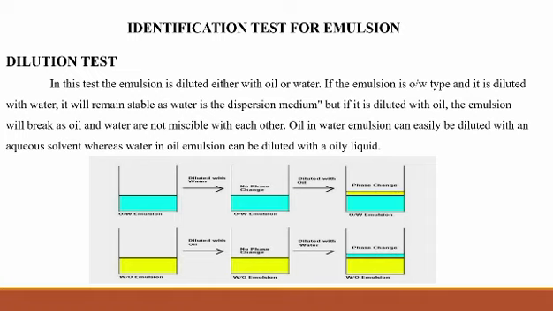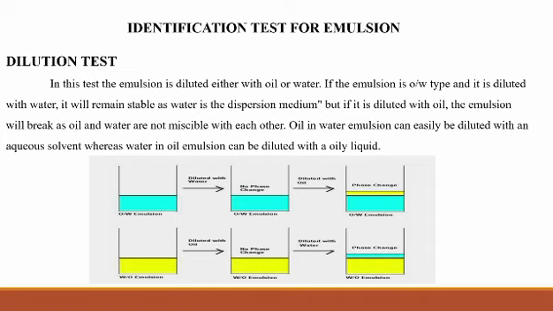Before getting into the detailed study, let's see why these identification tests are important. Why are these identification tests essential? Because to ensure the correct formulation, these identification tests are important.